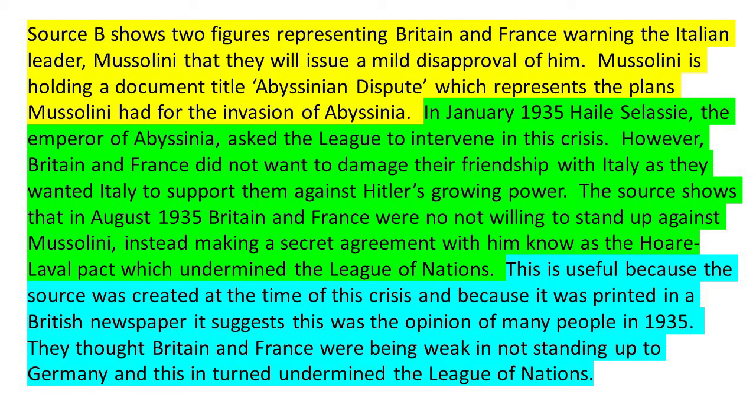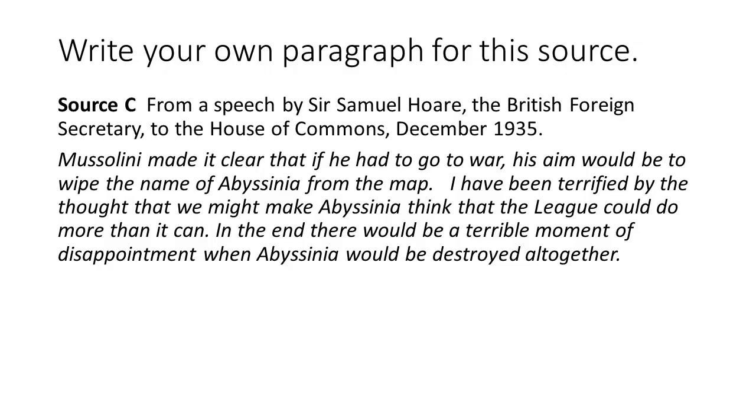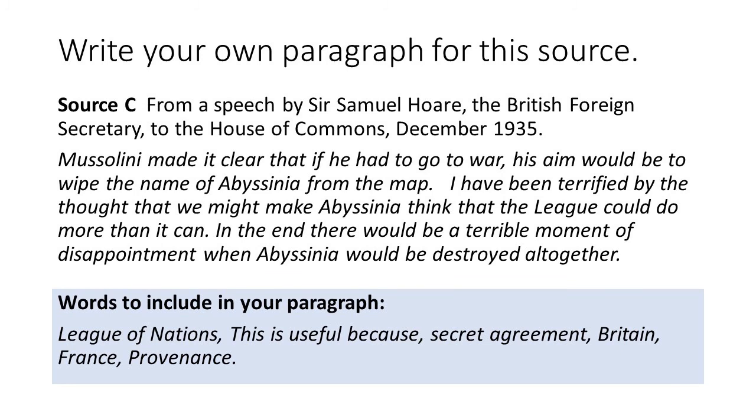So that's an example of a first paragraph to answer this question. What I want you to do now is to write your own paragraph for the second source. I've put the source back up on the screen in front of you to help you, but I want you to write a paragraph for this source. I've also given you some words to help you whilst you're writing this paragraph, words that you should be including in your own answer.